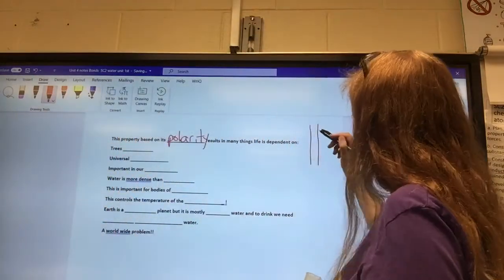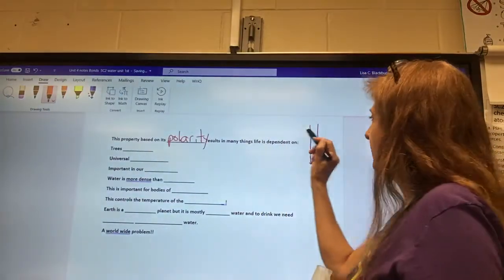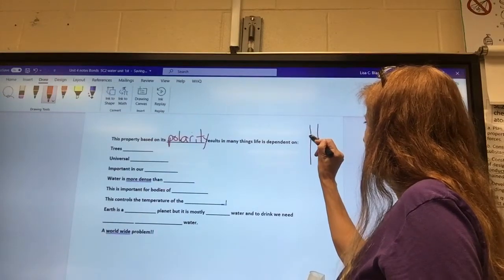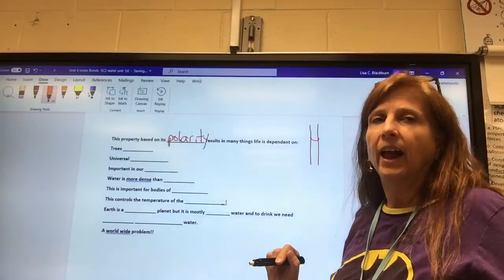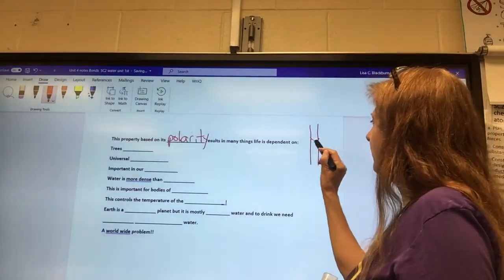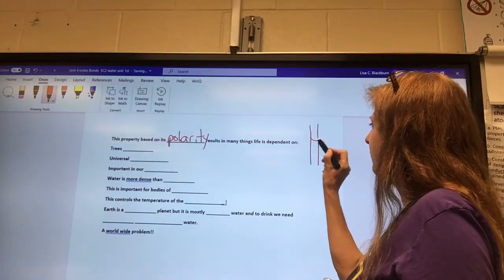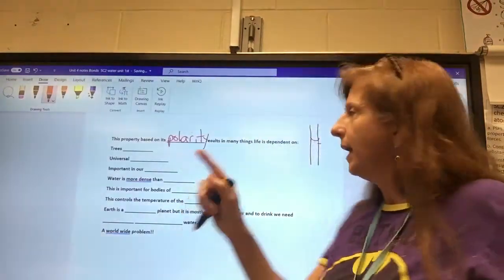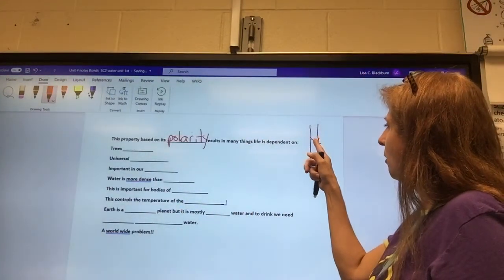Okay, so when water is in a tube, the surface of it will curve. That's the meniscus. And when you read a graduated cylinder, you read it from the bottom of the meniscus, not the top. In the plants, the tubes are so small.